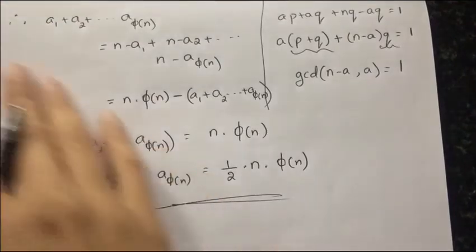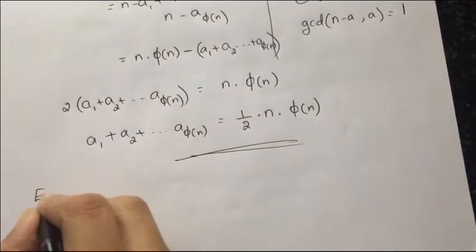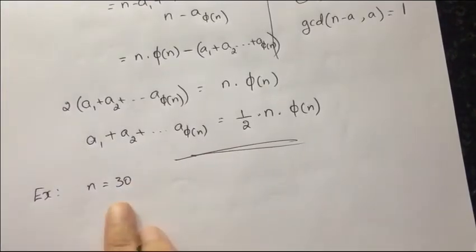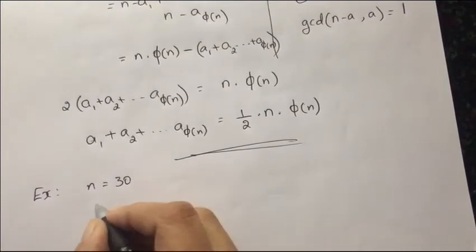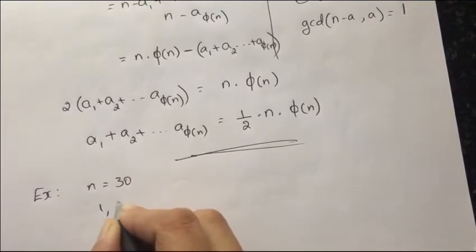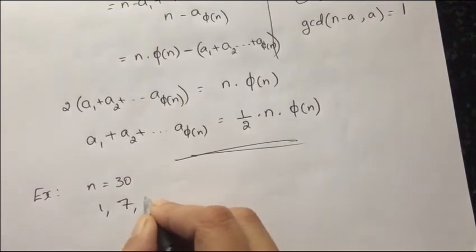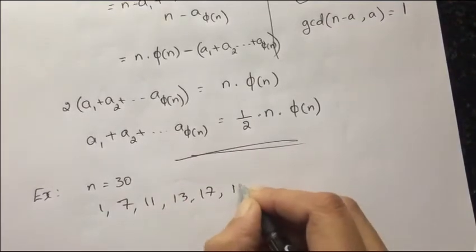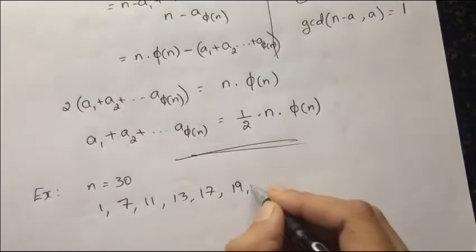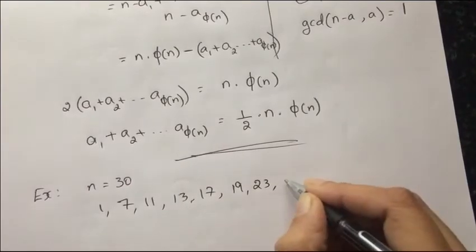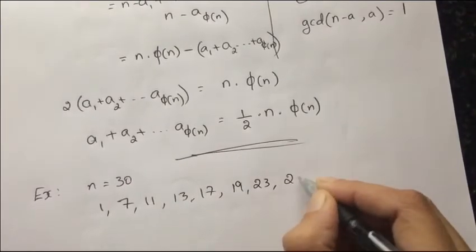I will explain with a small example. Say n equal to 30. What are the positive integers less than n which are relatively prime to n? Take the numbers 1, 7, 11, 13, 17, 19, 23 and 29.